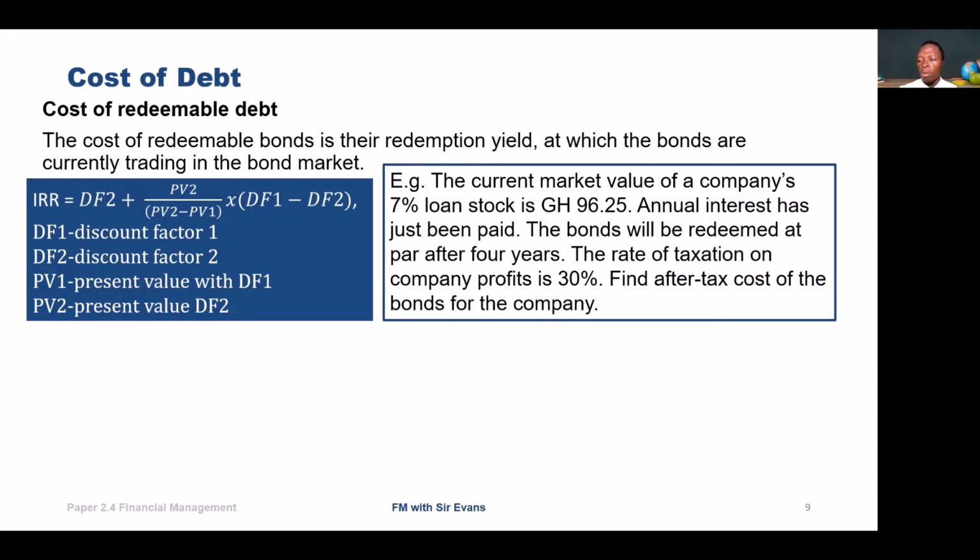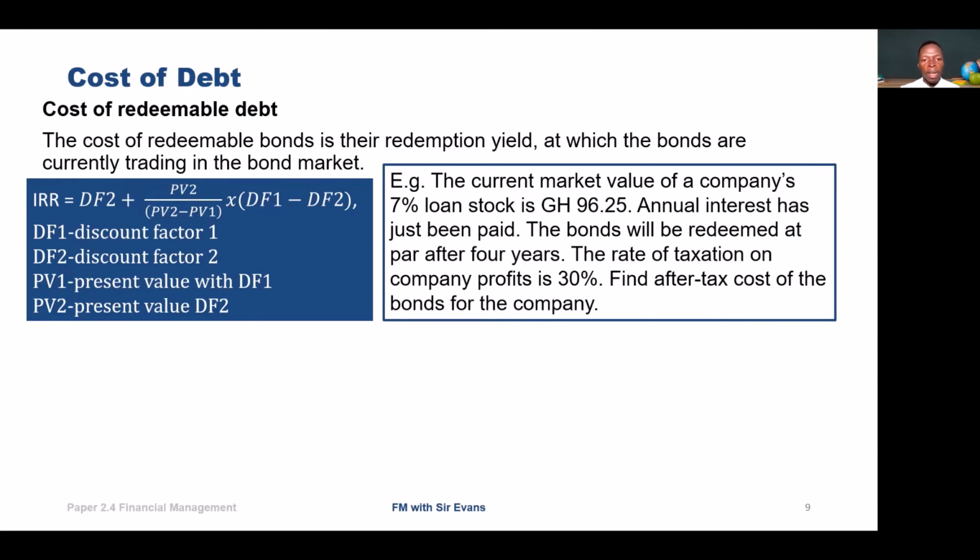So for this question, we first need to identify the various interest less tax. That's the interest I(1 minus T), because the after-tax cost of bonds is what we are looking for. So the rate of taxation is 30%, and it's a 7% loan stock. So 7% on the 100, which is the nominal amount, becomes 7.